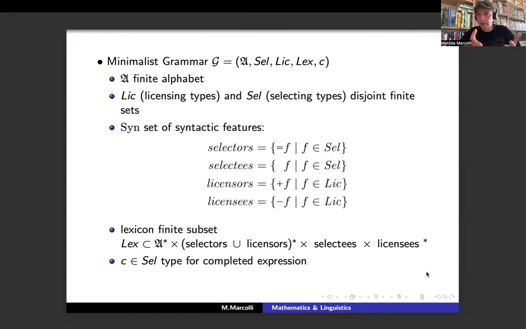Whereas in the older formulation of minimalism, these two processes happen at the same time. So the feature checking is happening at the same time as the structure building operation, telling you whether the structure building operation applies or not.